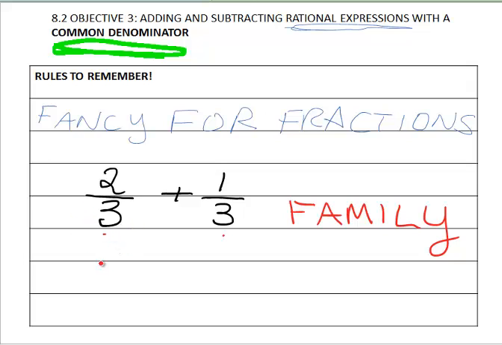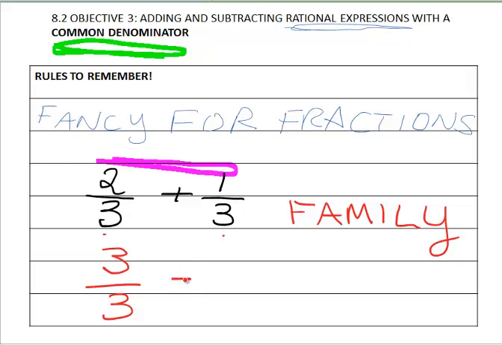Now, when you are adding these kinds of rational expressions, you're going to leave the denominators alone. So the answer will have 3 down there in the denominator, and you're combining the numerators. So in this case, we have positive 2 plus positive 1. That's going to give us positive 3.